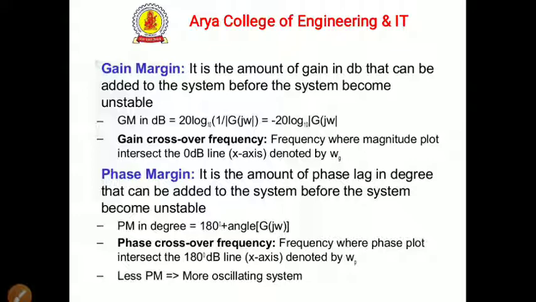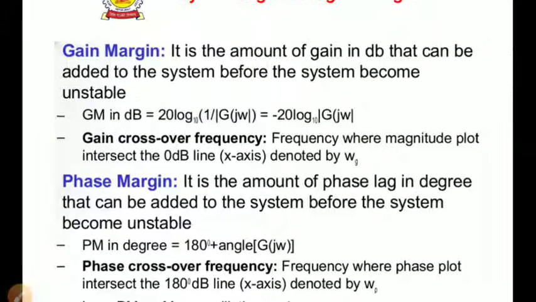Gain margin in dB can be expressed as 20 log base 10 of 1 upon mod of G(jω), and it can be written as minus 20 log 10 of mod of G(jω).